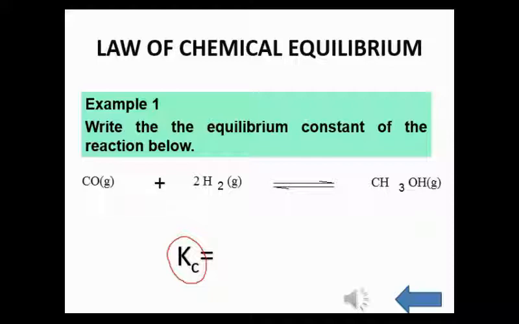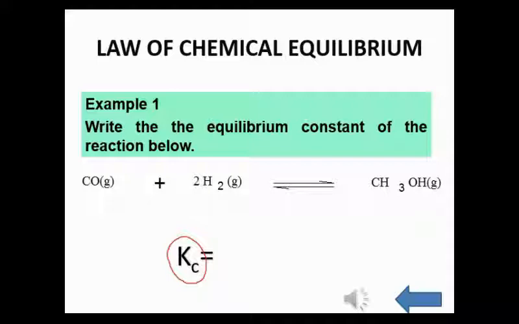by the definition of the law of chemical equilibrium, or law of mass action, the ratio of the concentration of the products raised to the power of its coefficient over the concentration of the reactants raised to the power of its coefficient. So let's look at how to do this exercise.